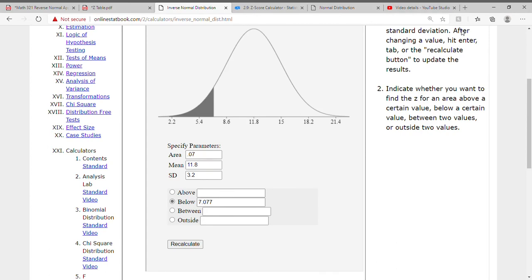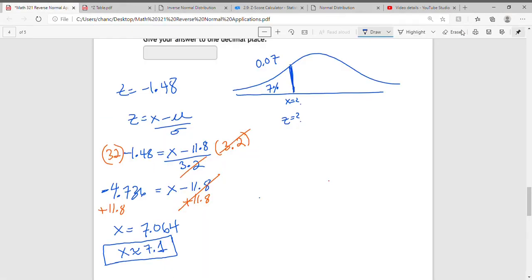We want the area to the left, so let's click below and we'll recalculate, and that is 7.077. That's exactly the same answer that we have, or very close, so I know we did this question correctly. So you could always check your work on the calculator or do the work by hand. It's up to you.